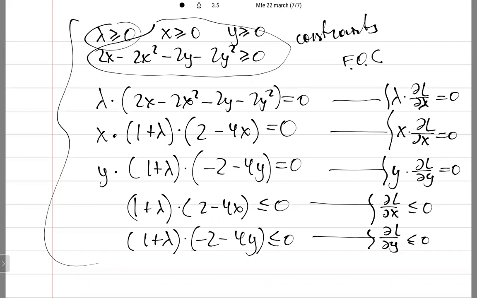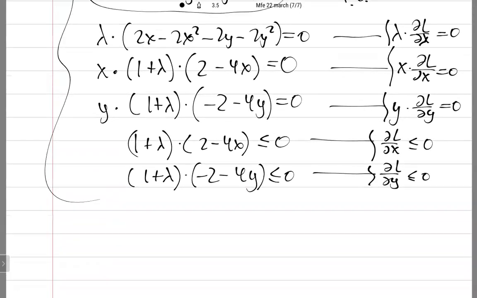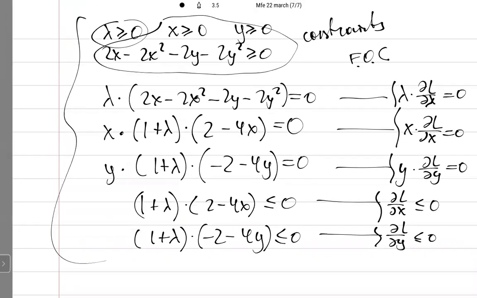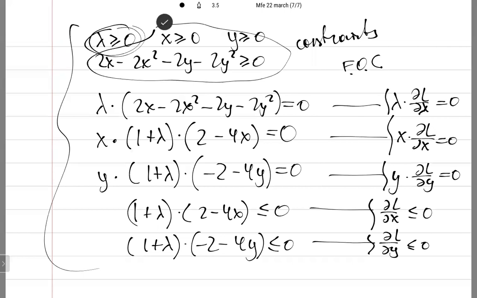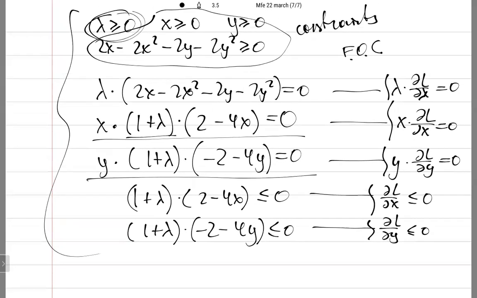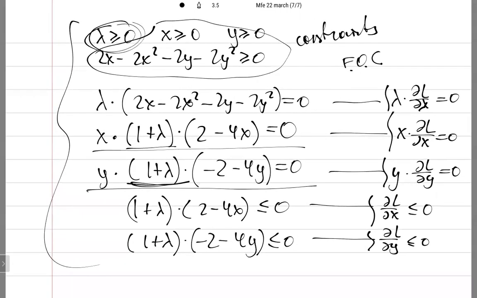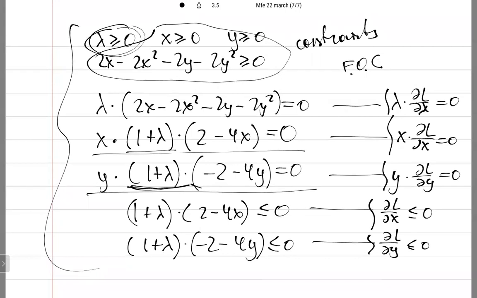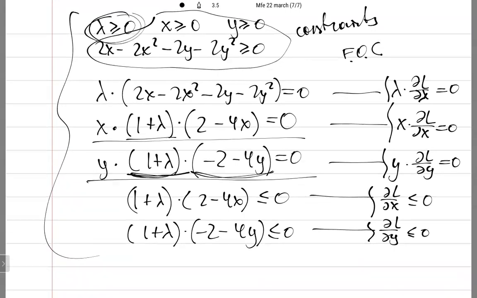Fine, thank you. Okay, let's solve them very fast. As lambda is non-negative, these are the most productive inequalities. So 1 plus lambda is non-zero, this is non-zero, so y is 0.